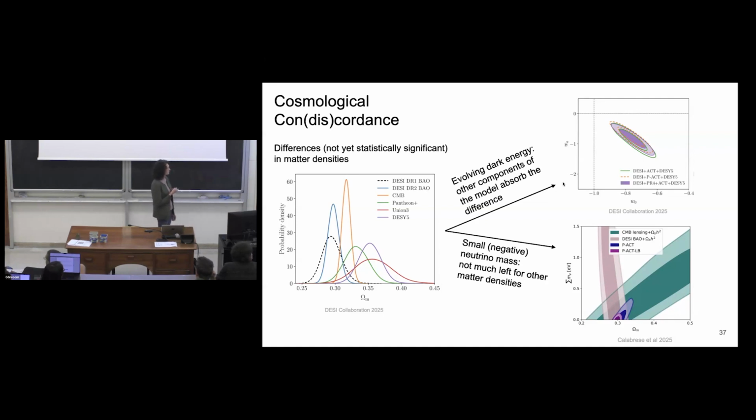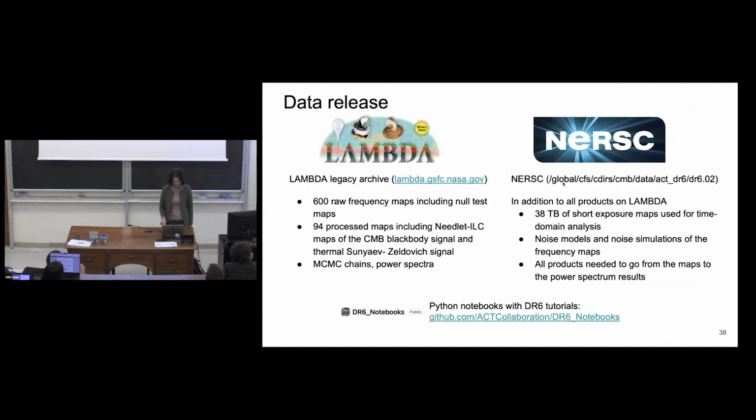Because there is the measurement from the CMB and the measurement from DESI or from supernovae, and according to how you put together these different posteriors, you can get evidence for other physics effects in different parameter spaces.